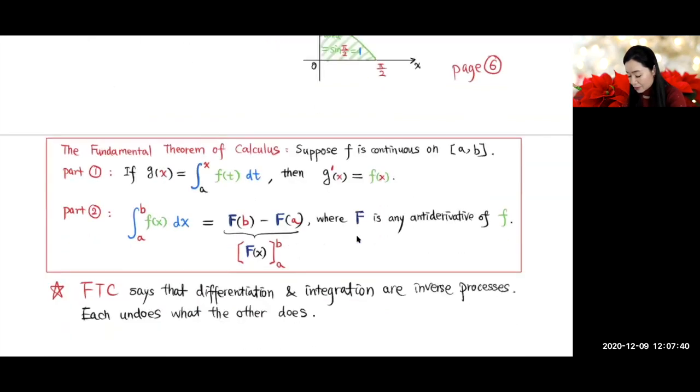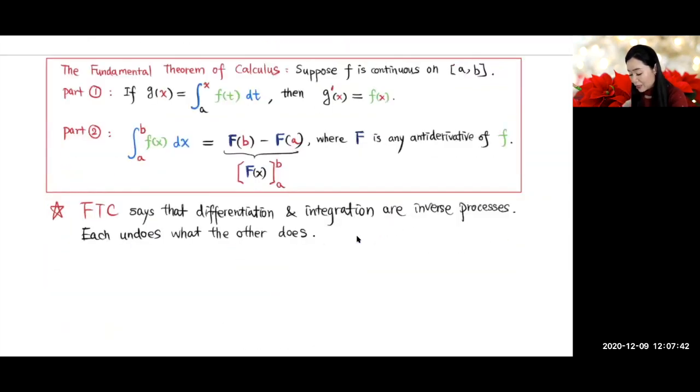Now we put the two parts of the fundamental theorem of calculus together. The first part says that if you have a continuous function on a to b, when you integrate that function from a constant a to x, and then differentiate that with respect to x, you get back the same function f that you started with.